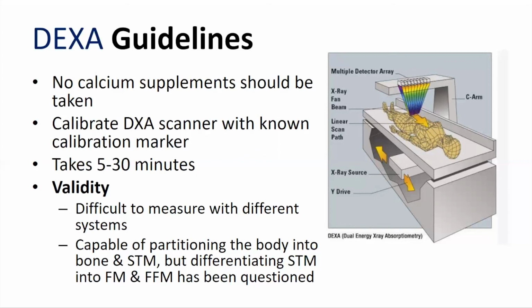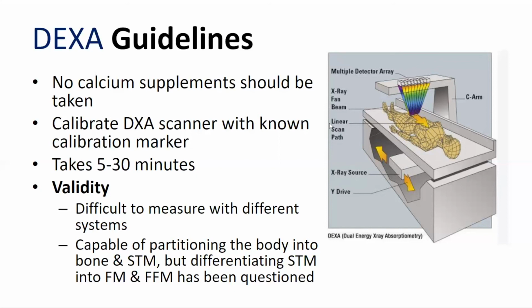So what you're going to see in this DEXA section is that there's an X-ray source, and the X-ray source sends out an X-ray through the body, and then the body would absorb some of the X-ray, and whatever is not absorbed would be detected by a detector array.